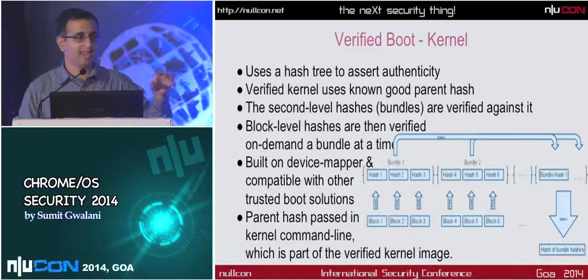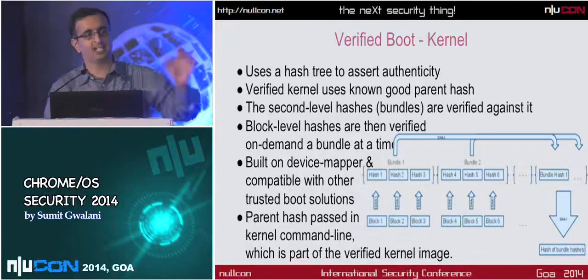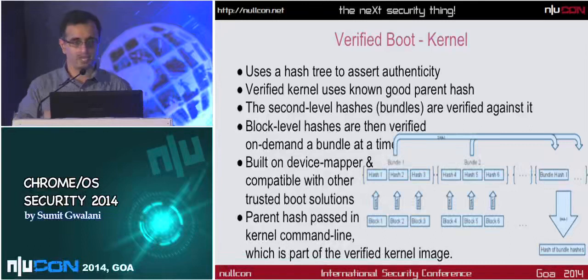Now, when any block of the device is actually read or used from the file system, it will first take a hash of that block and match it with the hash of hashes that was already verified at boot time. So you can guarantee that any code of the operating system that gets run is verified the first time it is run.